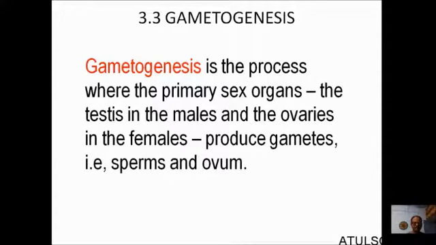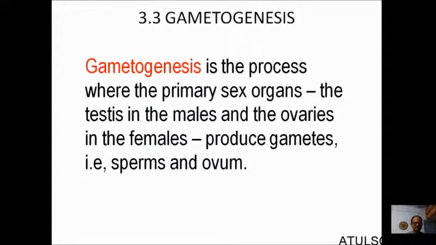We are also seeing that the production of gametes is a very intricate process and it involves various hormones, endocrine glands and other important body processes.